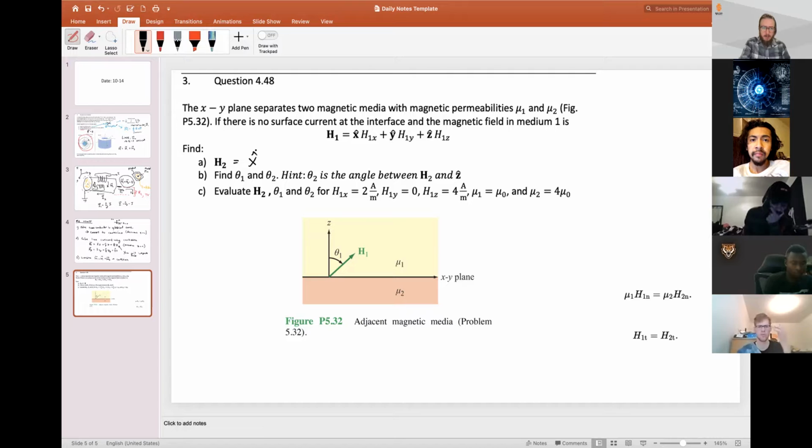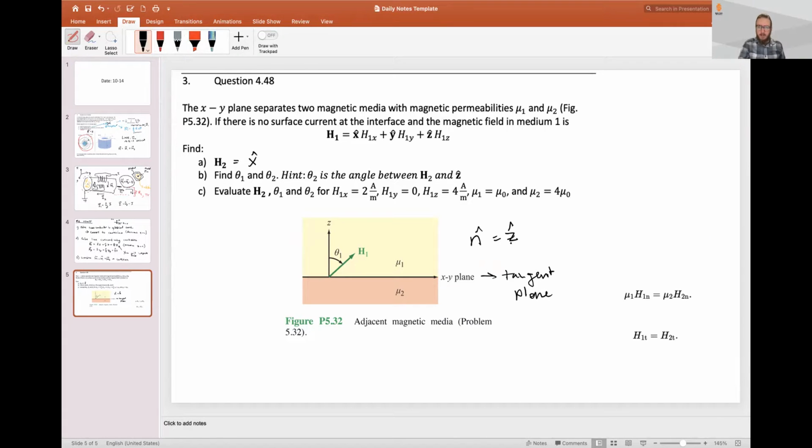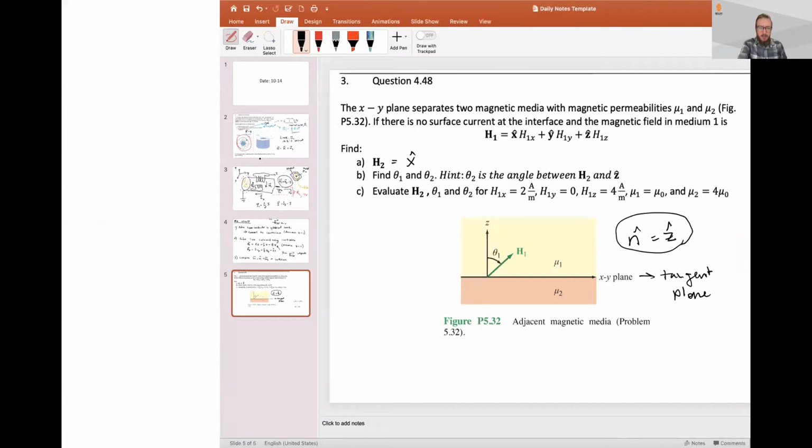All right, so in the X direction, this is the XY plane. So maybe start back again. For this plane, what is normal? The z-axis. Yep, Z is normal. So that must mean tangent is X and Y, right? So this plane is the tangent plane. Since we know Z is normal, what should the magnitude in the X direction be for H2?